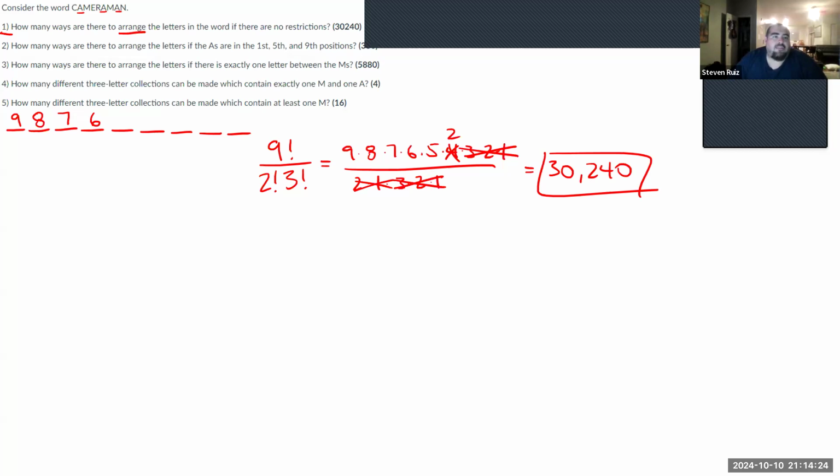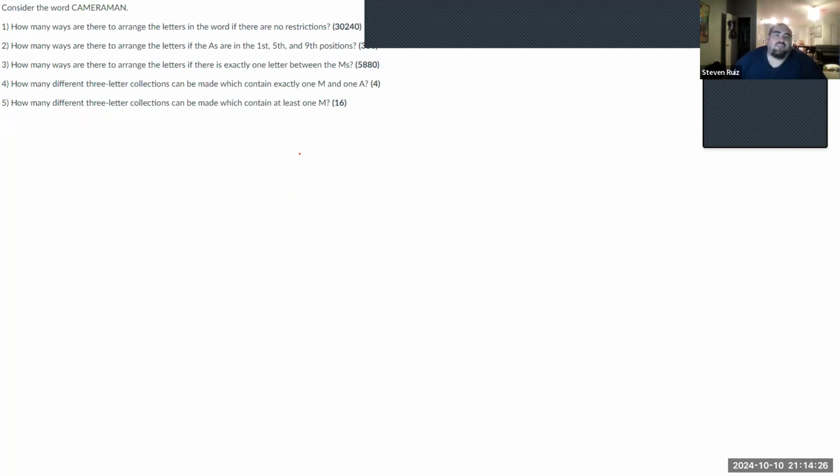All right, next. How many ways are there to arrange the letters if A's are in the first, fifth, and ninth positions? I think it's good to organize these. Obviously you don't want to count 360 different possibilities, but we can start by looking at what some examples look like.